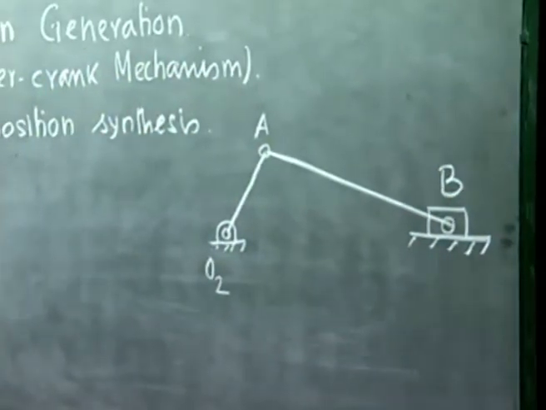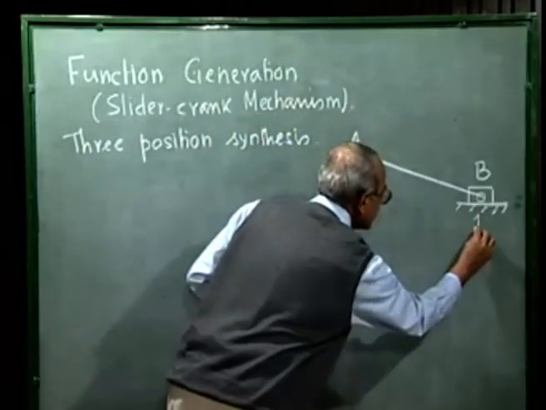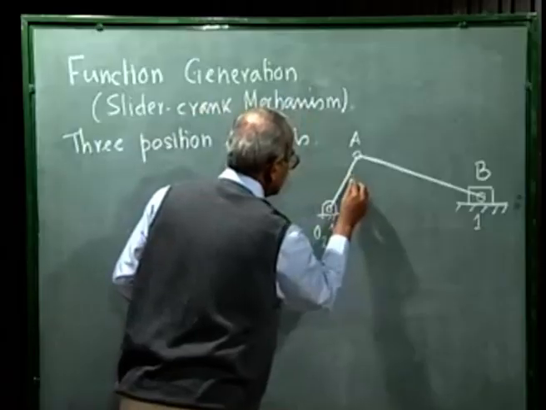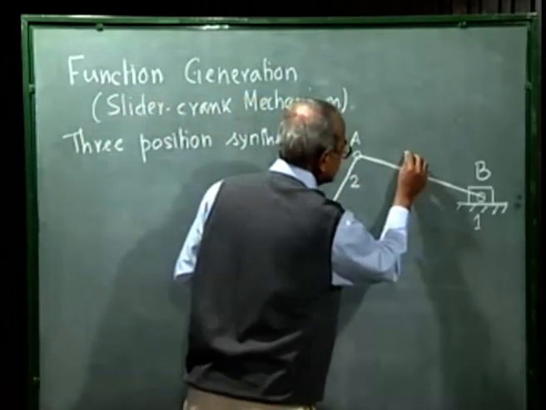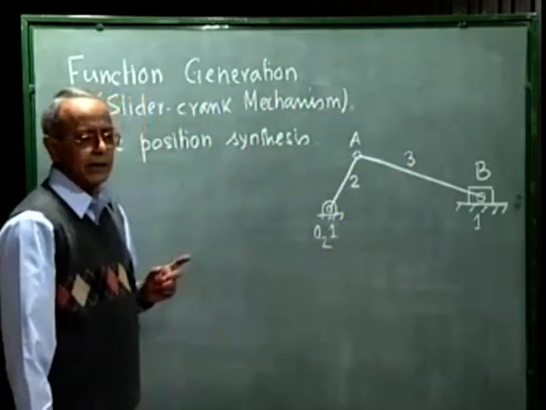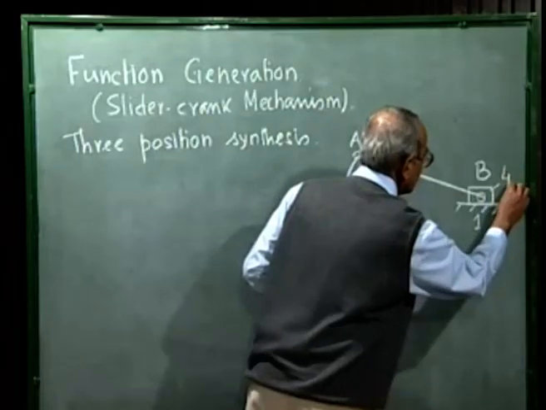O2AB is the slider crank, where 1 is the fixed link, O2A is link number 2, which is the crank, AB, which is link number 3, is the connecting rod, and at B I have link number 4, which is the slider.